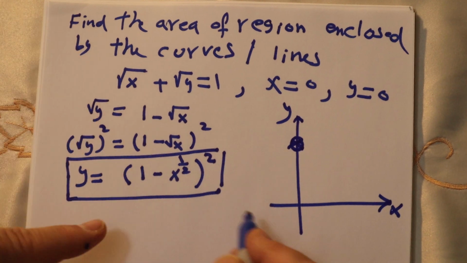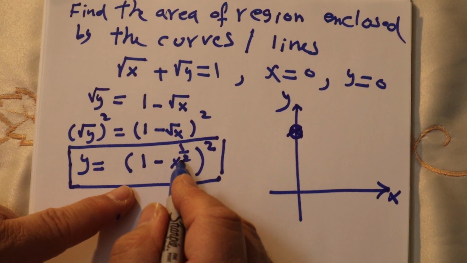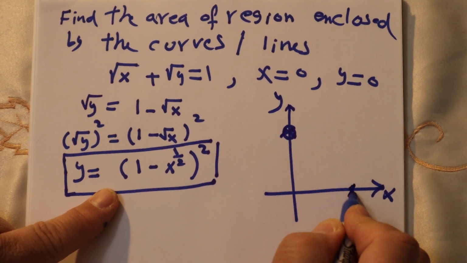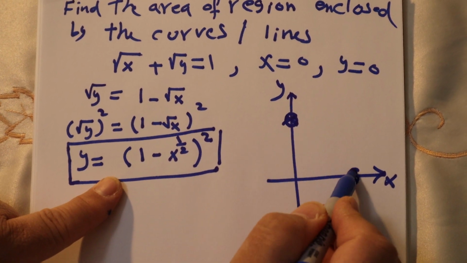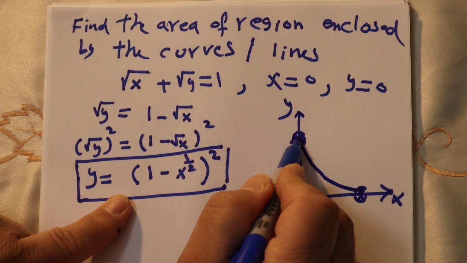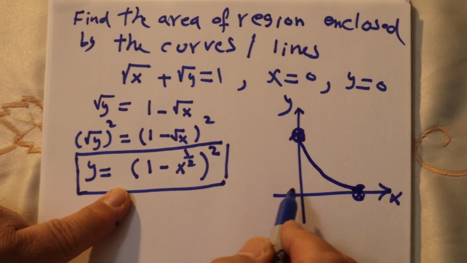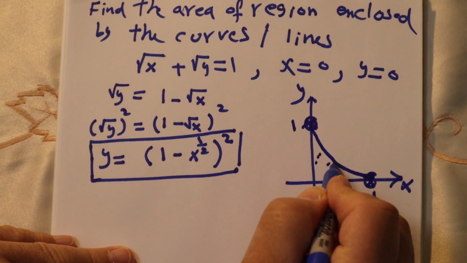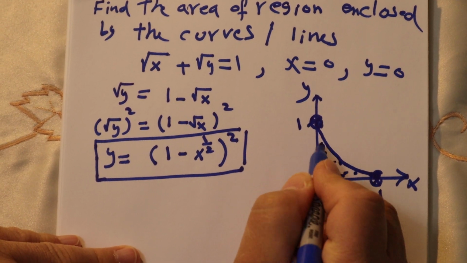If x is 1, 1 to the half power minus 1 is 0, so 1, 0. If you plot some points, the curve will be like that. So this is the curve of the function we're looking for. This is 1 and this is 1.